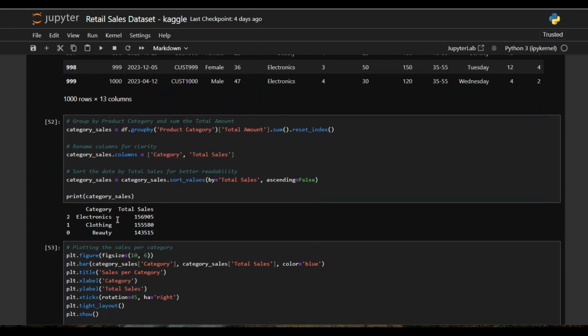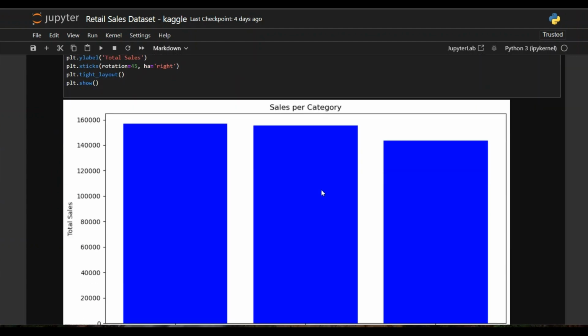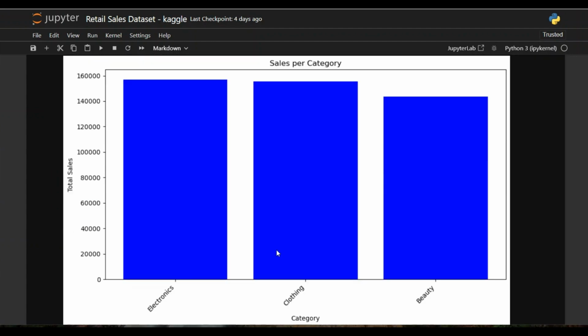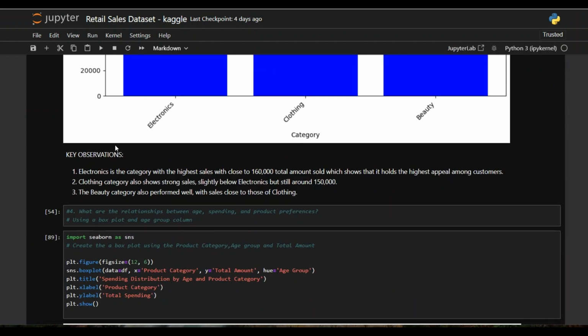Here we see electronics with the highest number of sales with 156,000, followed by clothing, and then beauty products. So more people are tending towards buying electronics, followed by clothing, and then beauty products. So electronics happens to be the category that holds the highest appeal amongst the customers.